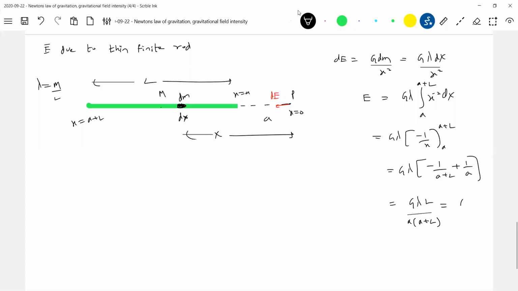Lambda is M by L. So GM by a into a plus L. So there is a field strength at point P due to that rod. And now it will be directed towards left.